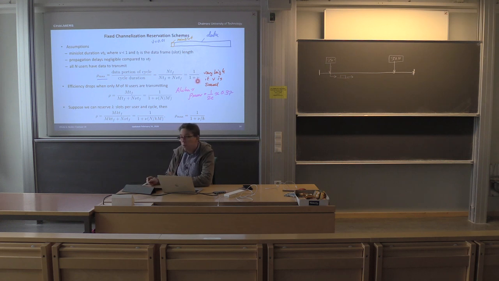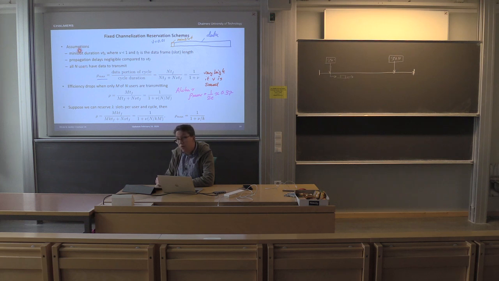So if nu is, say, 1% or 10%, this is much better than 0.37, right? So reservation schemes have the potential of being very efficient, but only under these assumptions.